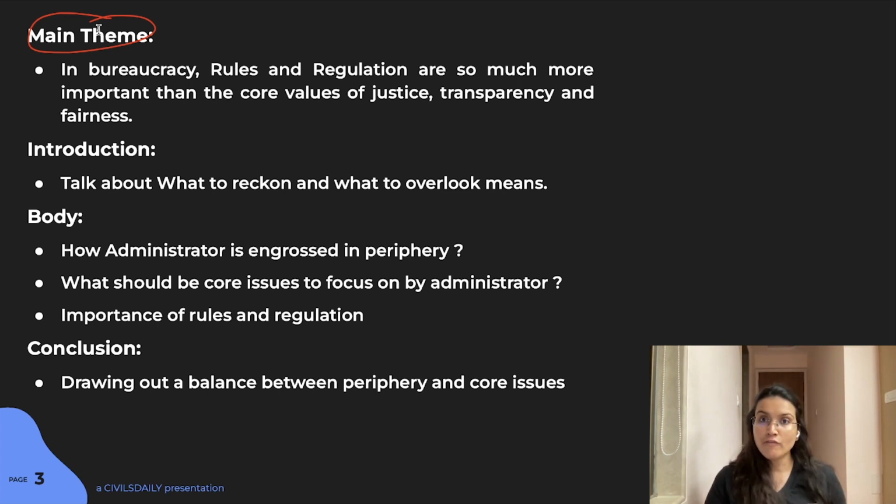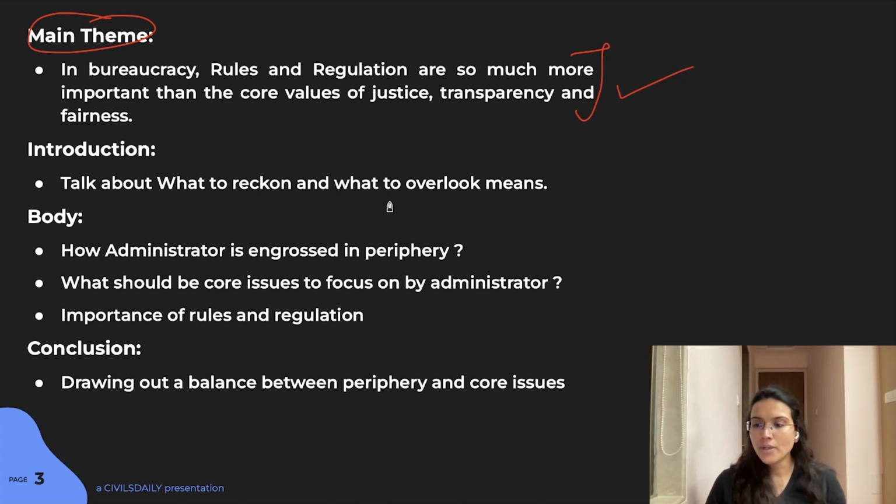Instead of being means to get to your major goals like social justice or fairness, the rule itself becomes the end, and the core sections get pushed to the periphery. That is a major problem with respect to bureaucracy, and that is what this particular question is highlighting.